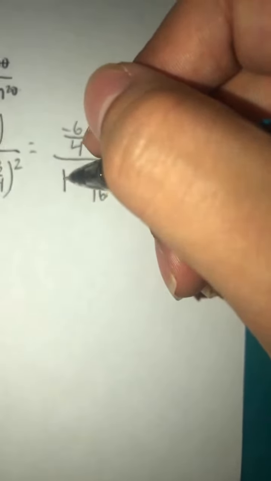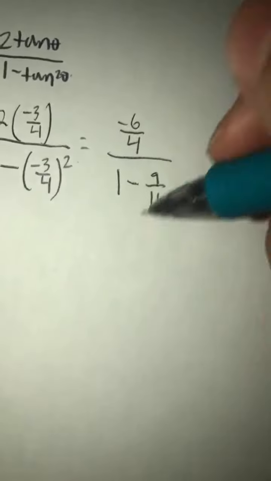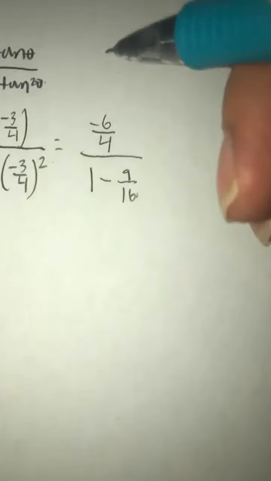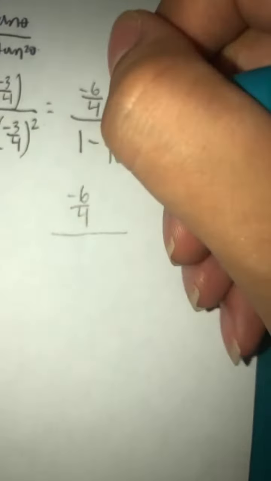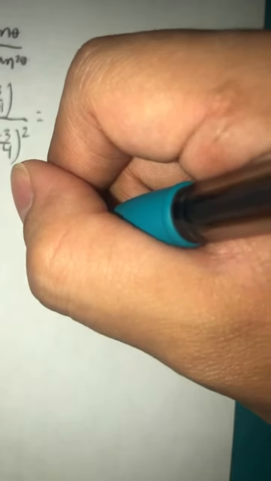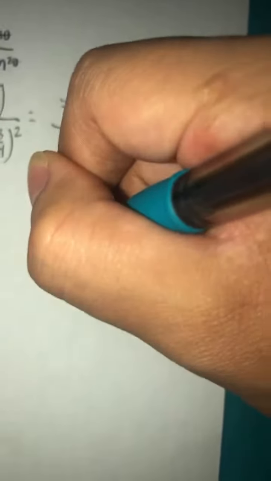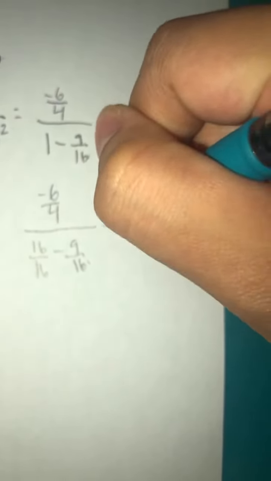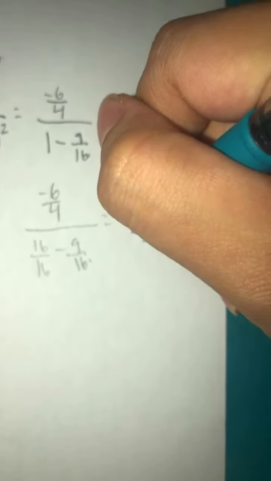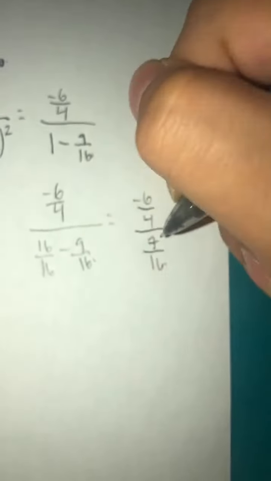At this point we just have to simplify. It's arithmetic, right? This is negative 6/4 over, we need the same denominator, so 16/16 minus 9/16. This is going to be negative 6/4 over 7/16.